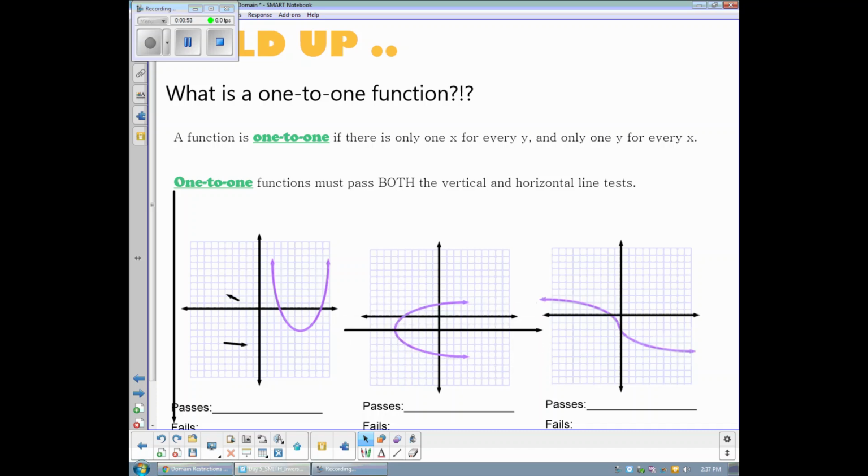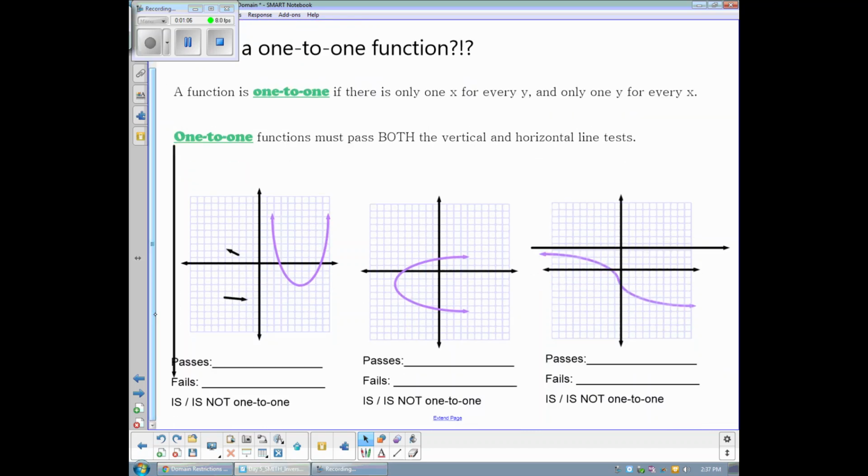It only hits the function in one place. And the third function also passes the horizontal line test. So the only function here that is one-to-one is this last one. The quadratic on its side, or straight up and down, is not one-to-one.